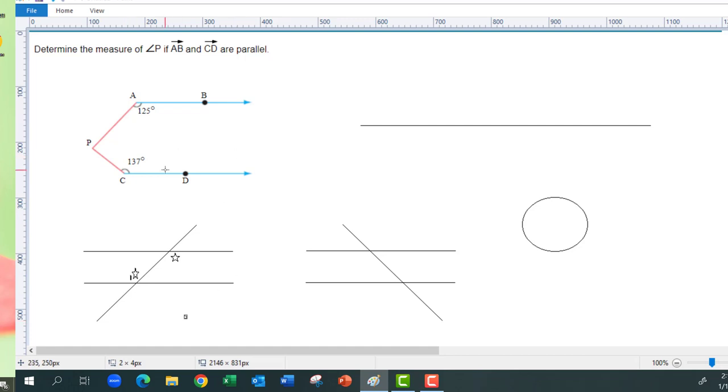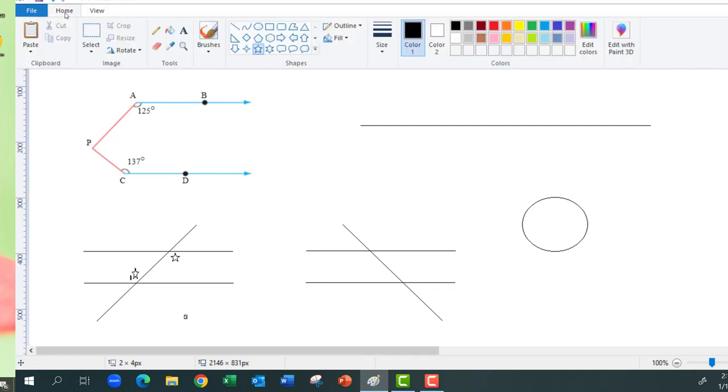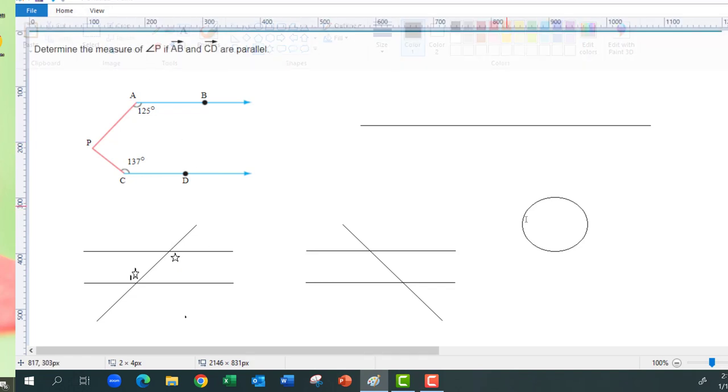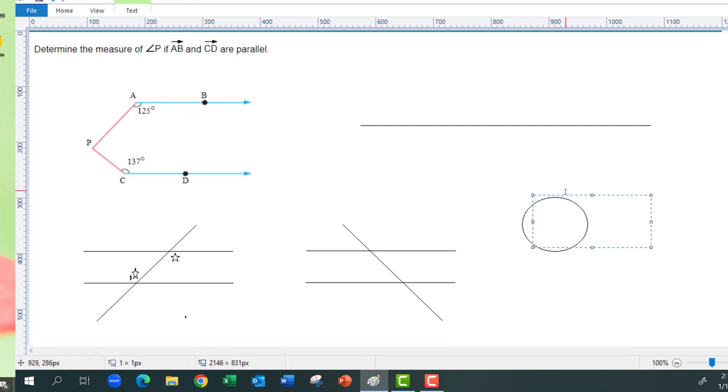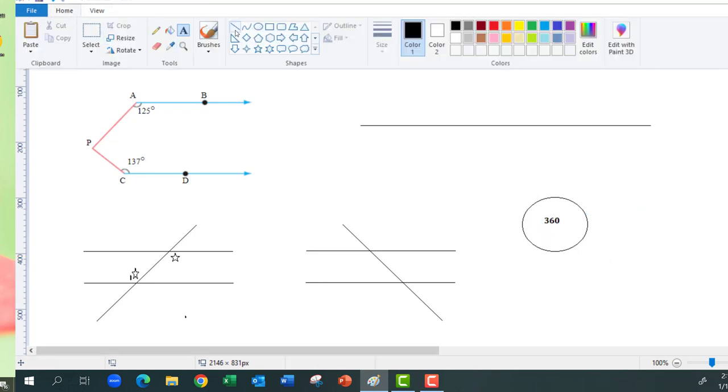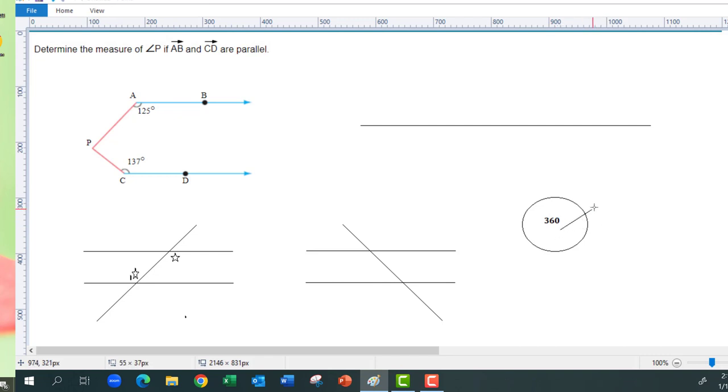So that's the first thing we need to know, that these angles are alternate interior angles and that they are congruent or have equal measure. Now, the next thing we need to know to do this problem successfully is that the angles of a circle, if you were to add up all the angles in a circle, so you don't see any angles drawn, but there could be an angle here, assume that goes to the center, and an angle here, and an angle here, and an angle here.